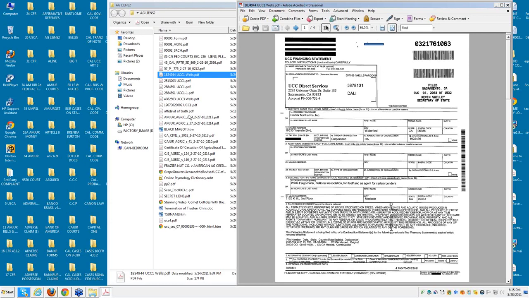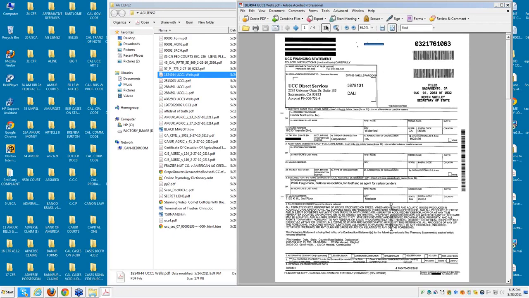Now, I think this has a, see, they've got a file number down here. It says this financing statement is being filed in lieu of a continuation statement for the following previously filed financing statements, each of which remains effective.